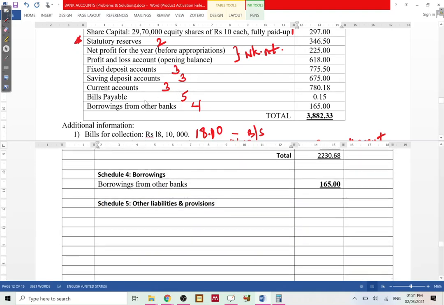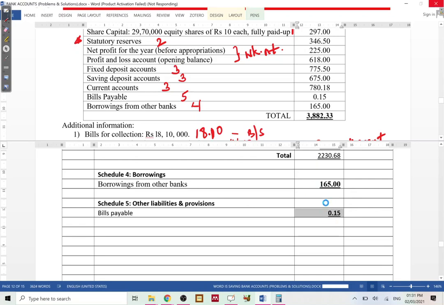Under this again we have just one item, that is bills payable. Amount of that is 0.15. Again only single amount here, highlighted.